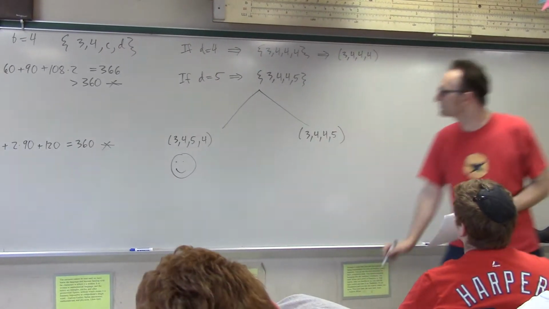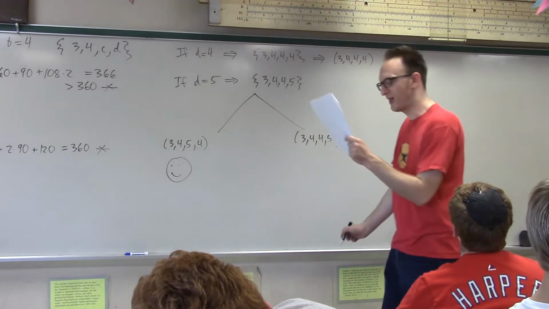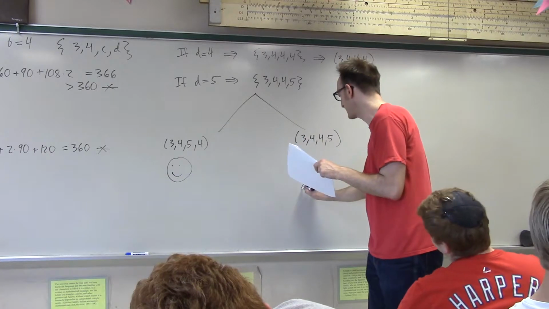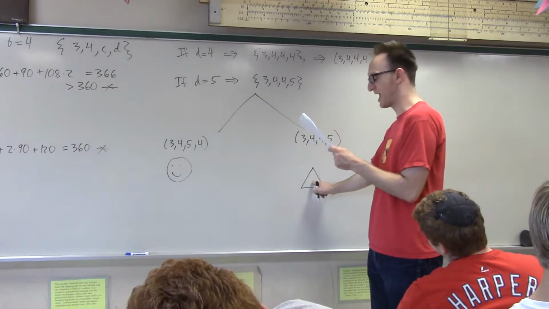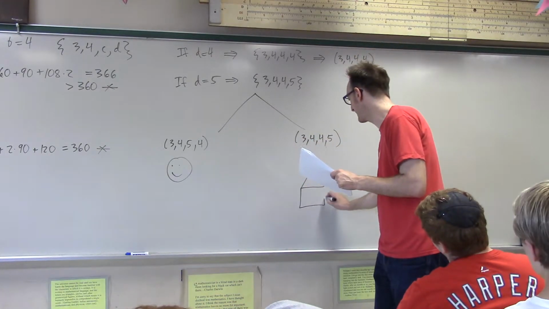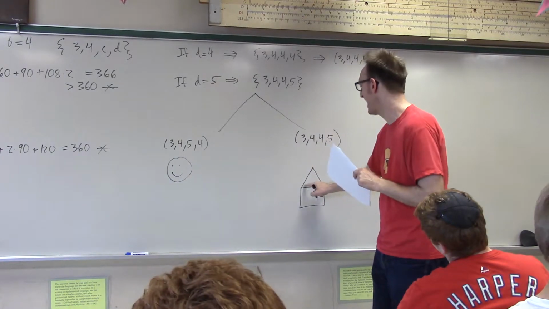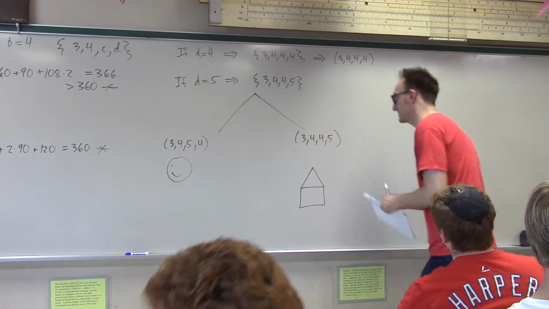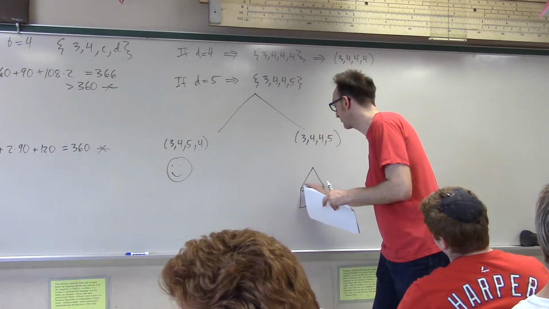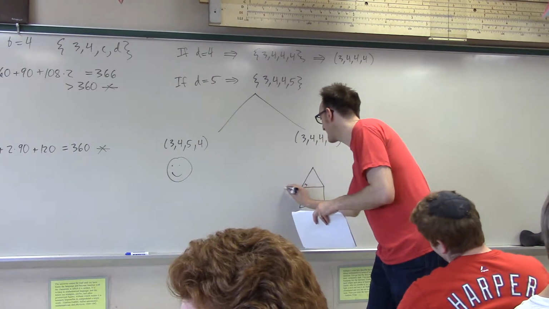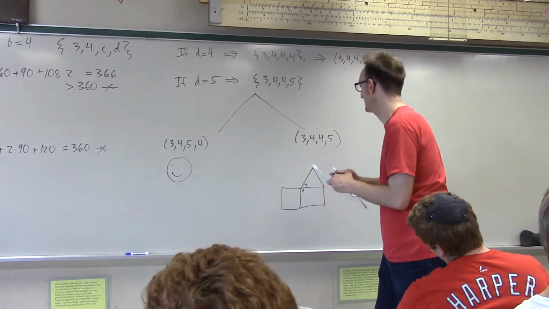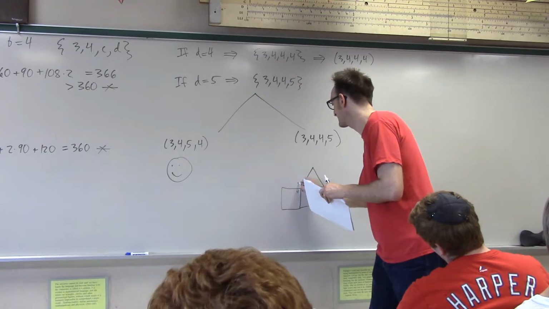Well, that turns out to be impossible by the following argument. If you have a triangle and you have a square here, this is like 3, right? So this is a 4, so that means there also has to be a square here, and this is 4, and this is 5.